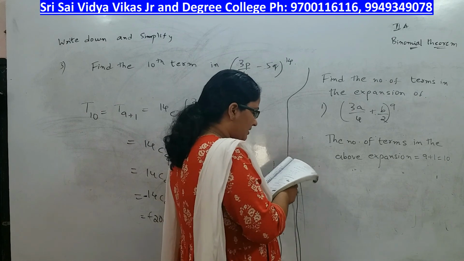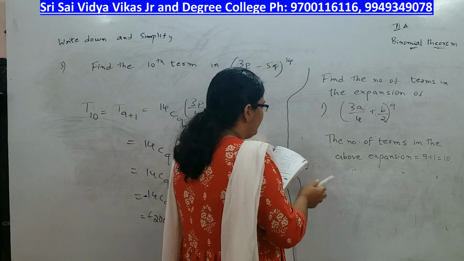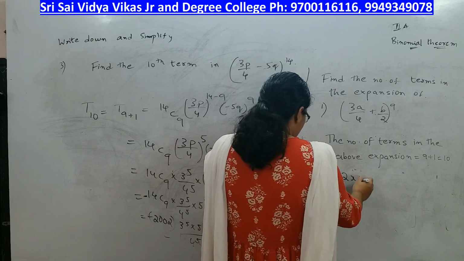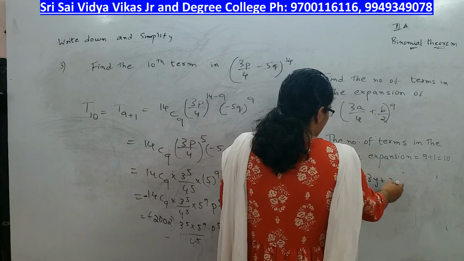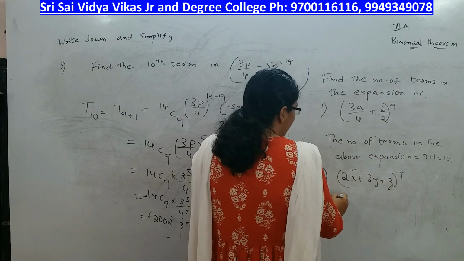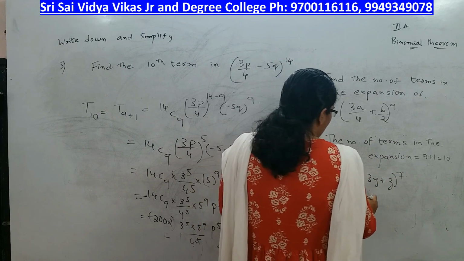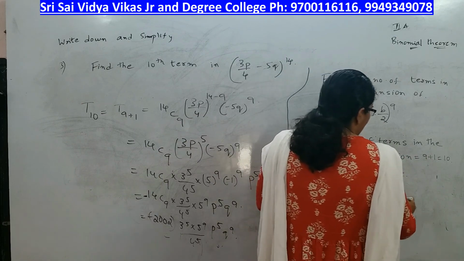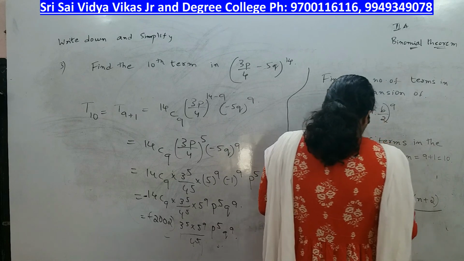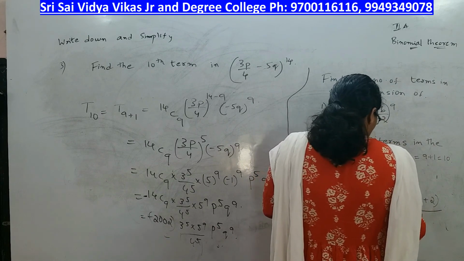Let us discuss another one. Whenever you have 3 terms, this third one, (2x + 3y + z) whole power 7, the number of terms is equal to (n plus 1)(n plus 2) by 2.